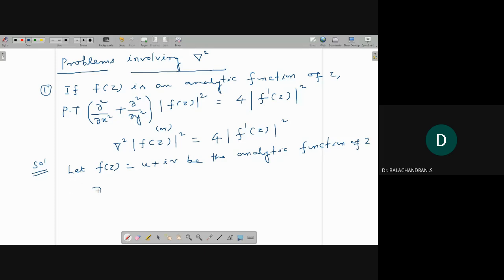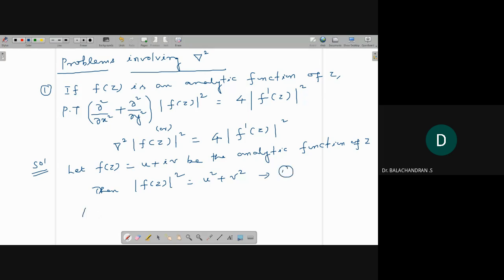So then modulus of f of z whole square is what? u square plus v square. Okay, so I call this equation 1.